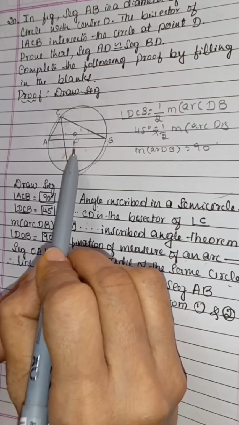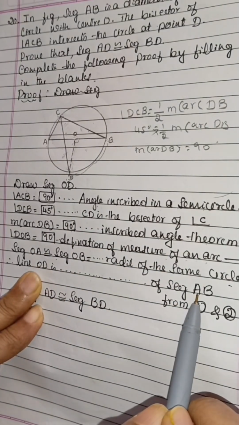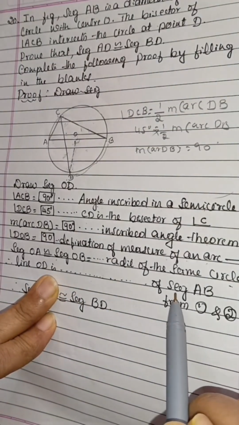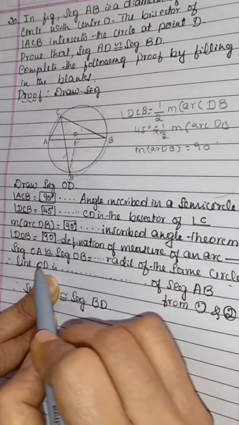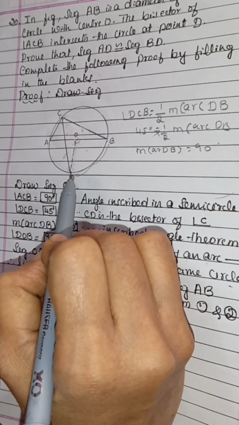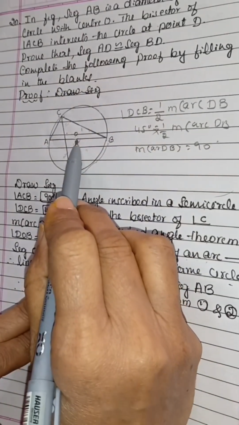Line OD is the perpendicular bisector of segment AB. See, segment OD from the center to the point on the arc is a perpendicular bisector.